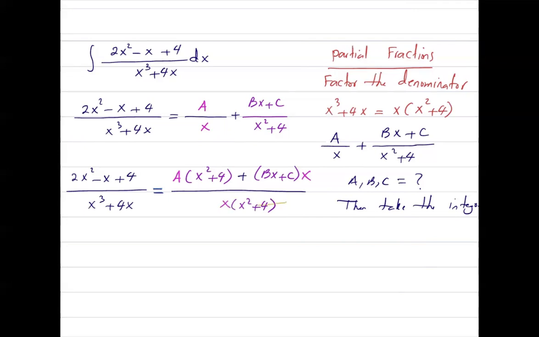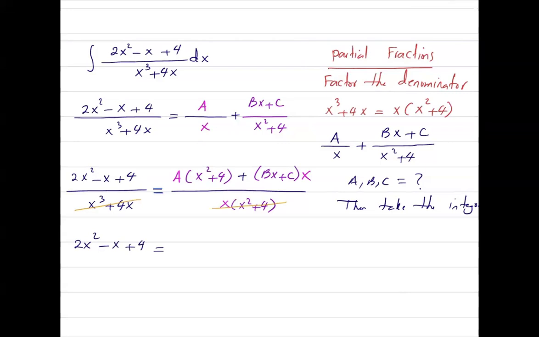We don't have any issue with the denominators. The only issue is with the numerators. Numerators on the left-hand side and right-hand side must be equal to each other because you have equality between fractions.